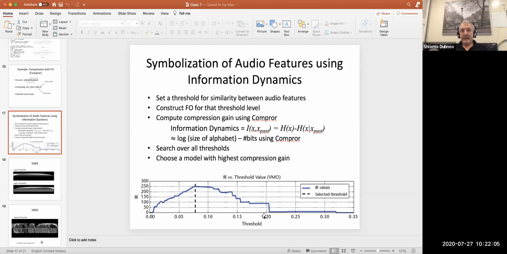What happens here if we go to very high thresholds? Basically our entropy here might be very, very well predicted. The past will predict the future, so this will be close to 0. But also our alphabet becomes very small.